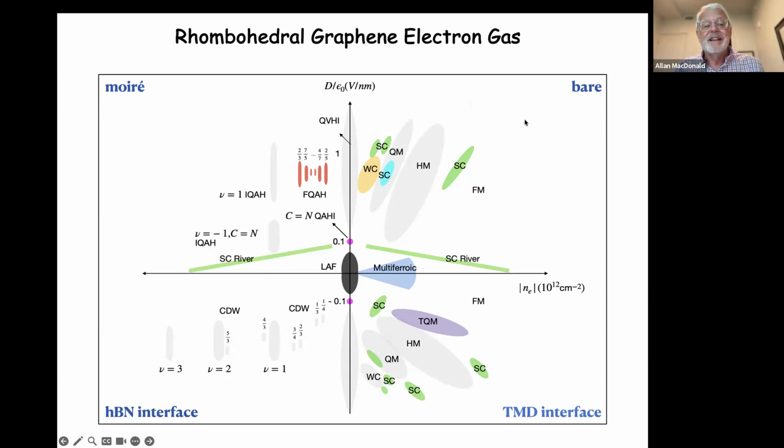On the right is rhombohedral graphene without a moire pattern, not aligned to HBN. And what I'm going to talk about in the second part of my talk is on the top right, just about some of these properties, where there's no moire and there's no enhanced spin orbit coupling from a transition metal dichalcogenide.